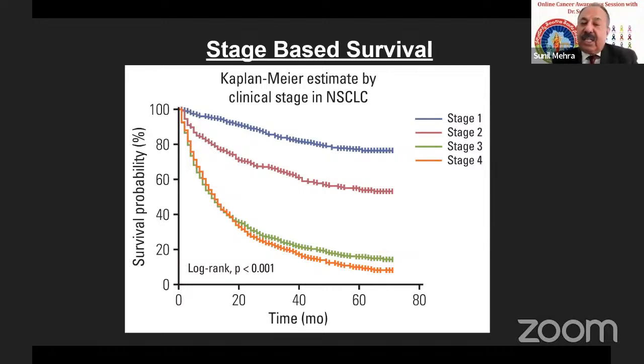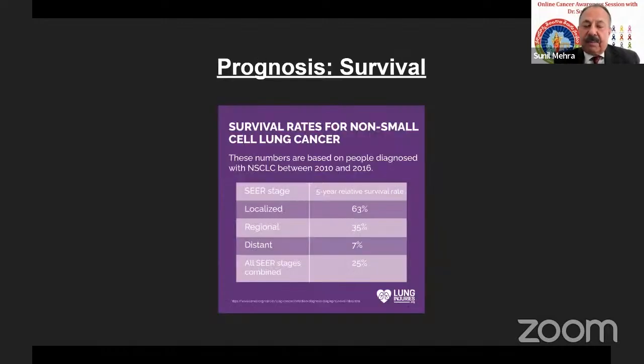Up in the stage, non-small cell stage 1, 2 is almost 67%. In small cell, it's only 30%. So the best thing is to avoid getting cancer by avoiding all those risk factors. If we can't stop smoking, then we must try to diagnose early. So next slide, I'll move on to something else.